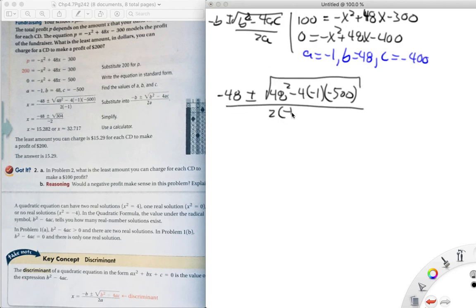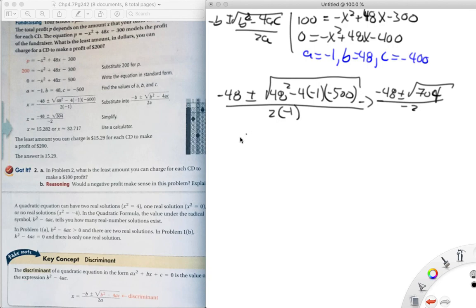It's 2 times negative 1. That's going to give me 48 squared minus 4 times 400, which is negative 48 plus or minus the square root of 704 over negative 2.